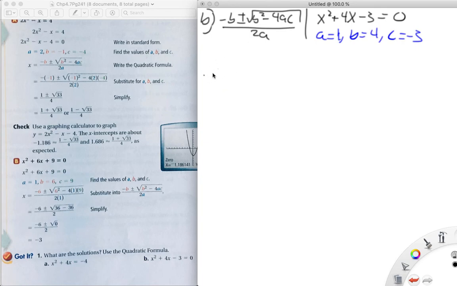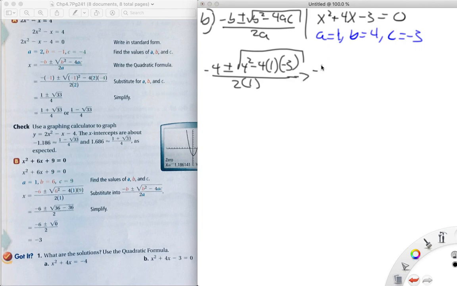And that's going to be negative b. I'm sorry. Negative 4 plus or minus the square root of 4 squared minus 4 times 1 times negative 3, over 2 times 1.